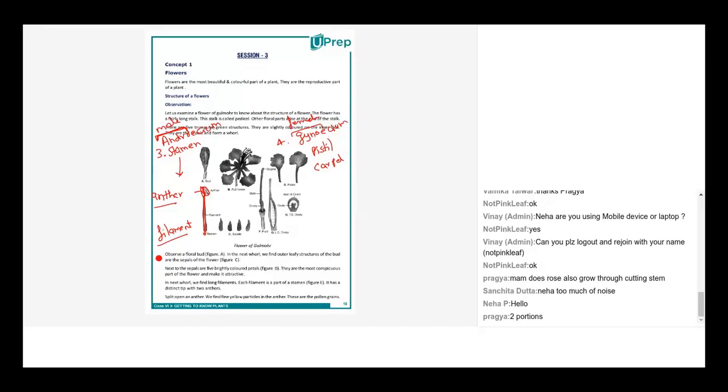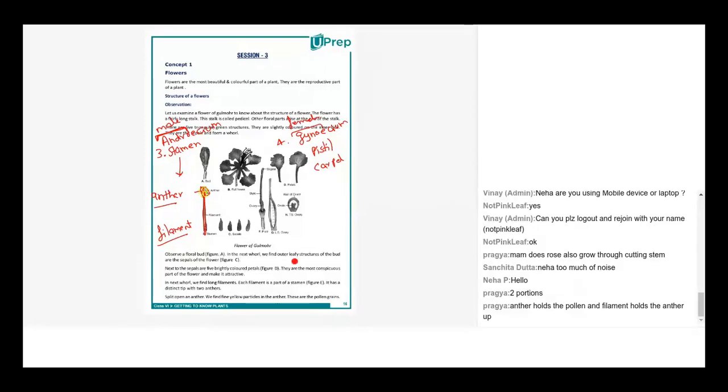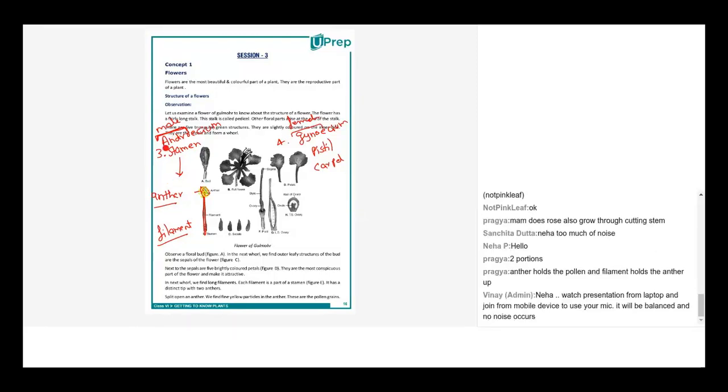We have been talking so much about the pollen grains. So where are the pollen grains present? These mostly yellow pollen grains are present on the tip of the anther. So the anther is covered by pollen grains. There are pollen sacs which contain a lot of pollen grains at the top of it. So this is the structure of the stamen, which is known as the androecium, and it can be divided into anther and filament.